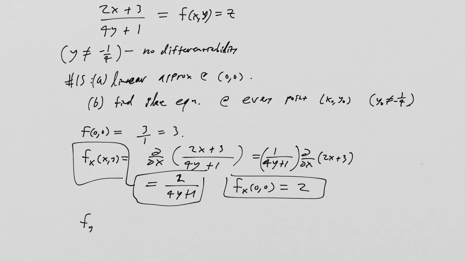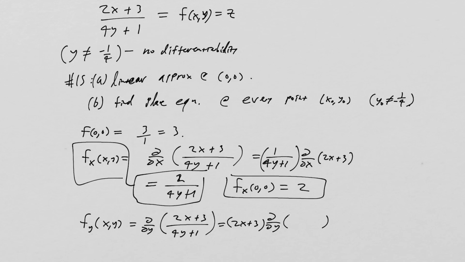All right, now let's find fy. This one's going to be a little bit harder. Here we take the derivative with respect to y of the following thing, 2x plus 3 all over 4y plus 1. Now it's the 2x plus 3 that comes out front. The 2x plus 3 is just a constant with respect to this thing, and what we're going to get is a 4y plus 1 quantity squared in the denominator, times negative 4.